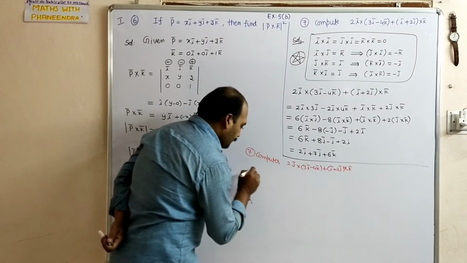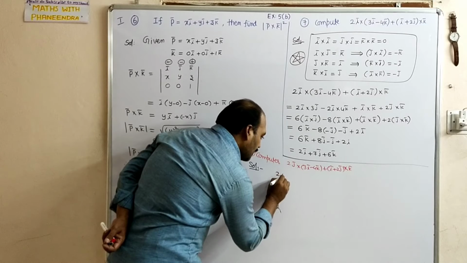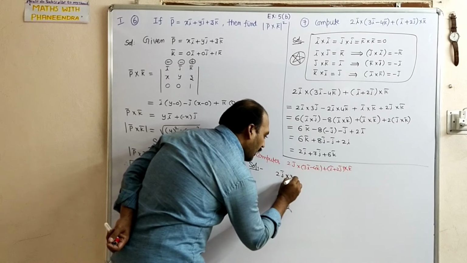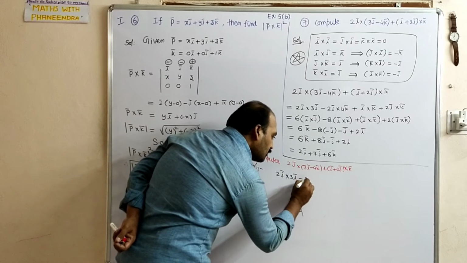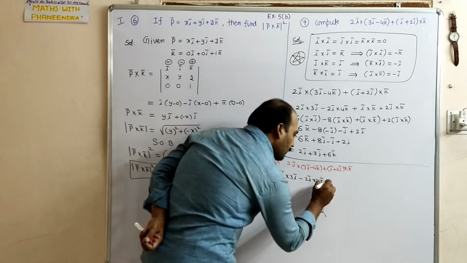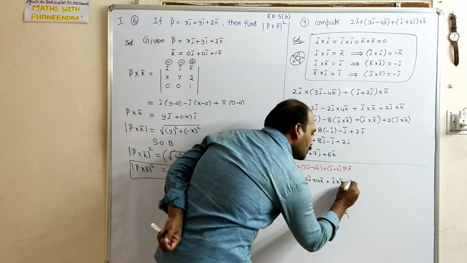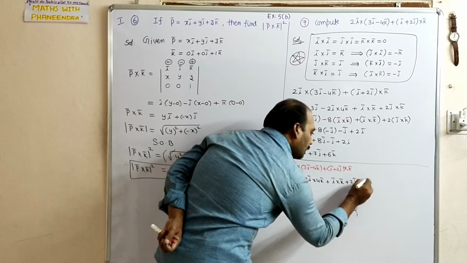So 2j cross 3i minus 2j cross 4k plus i cross k plus 2j cross k.